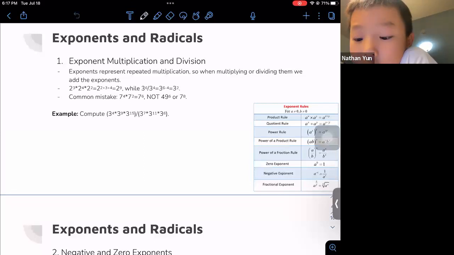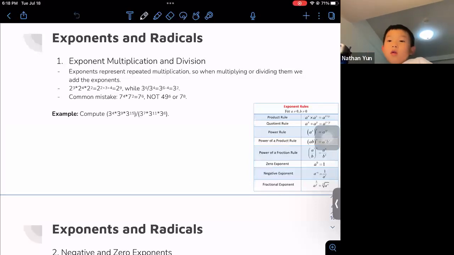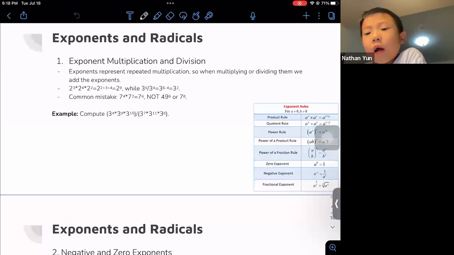So the numerator is 3 to the power of 28. And then the denominator is 7 threes multiplied together, multiplied by 11 threes, multiplied by 6 threes, which makes a total of 24 threes.